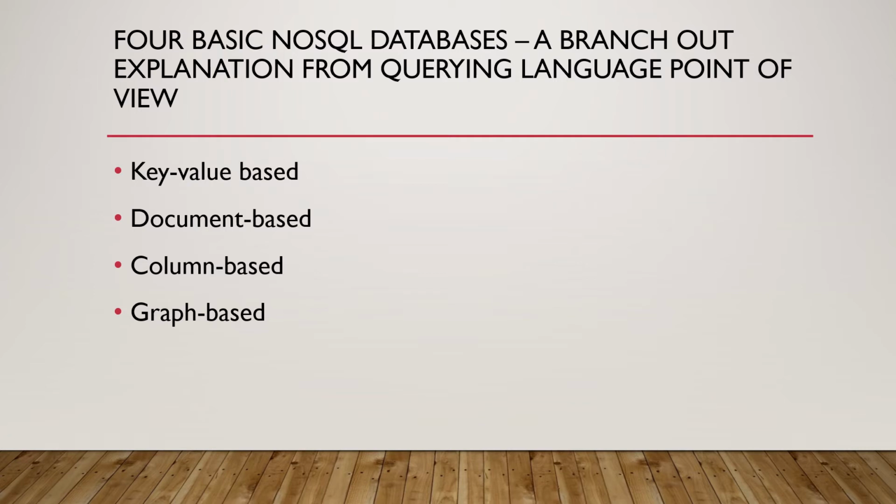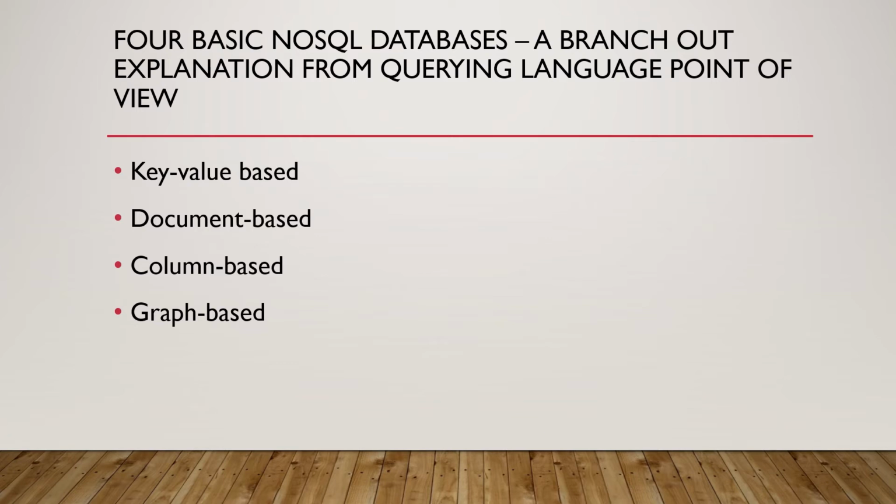And finally, graph is also a key value pair with an additional encoding about the relationships between the elements, and they are part of the encoding. So the graph database is also another extension from the point of view of SQL versus NoSQL.